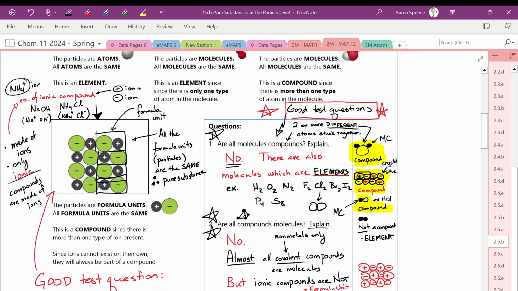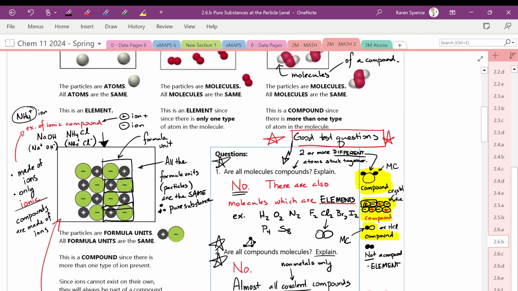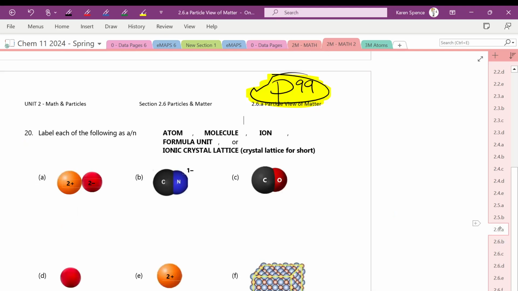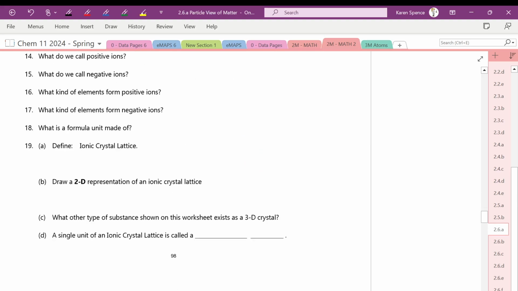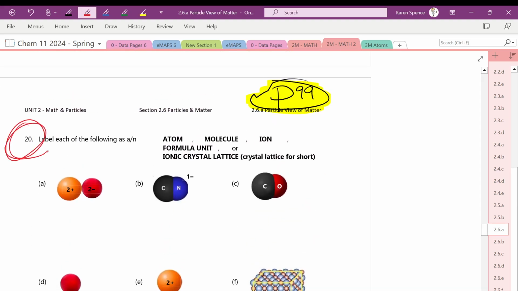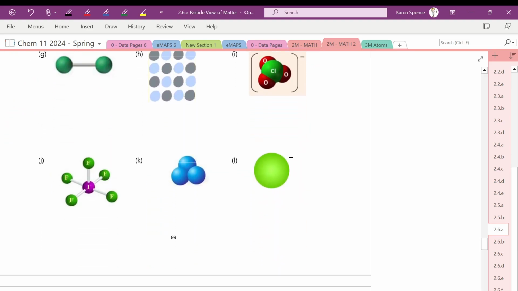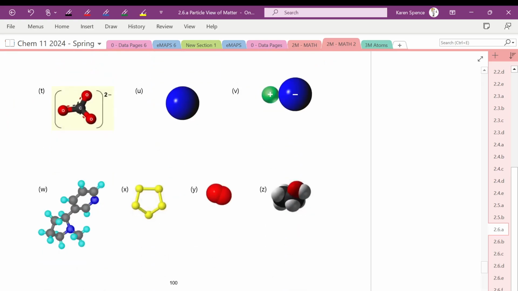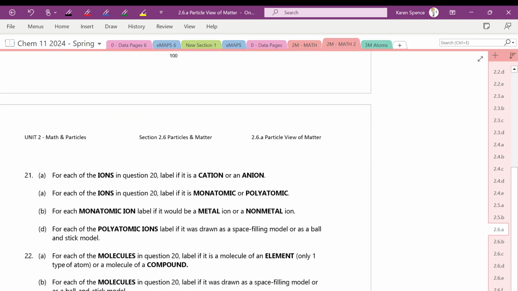All right, so on this first page, we have 3 really good test questions, yes? Can I tell you what else will make excellent test questions? 2.6a, all of this stuff here. Let me just make sure it's numbered correctly for you guys, because it was not when my grade 9s did it, because I have them do it as well.